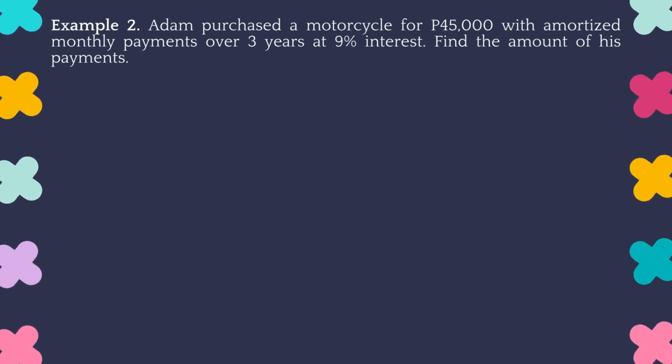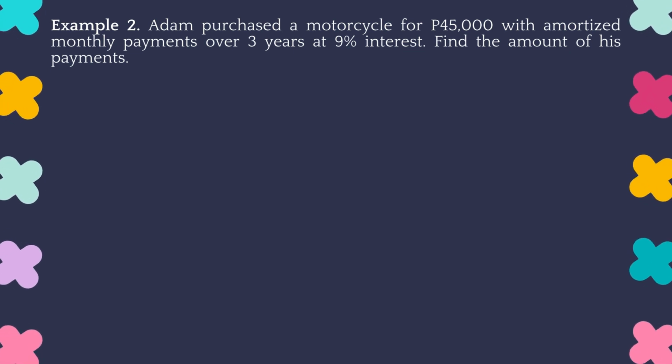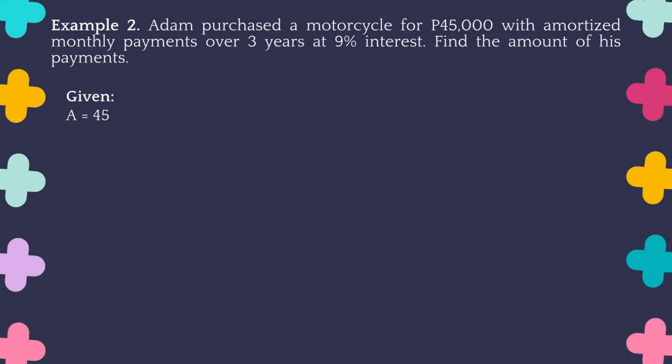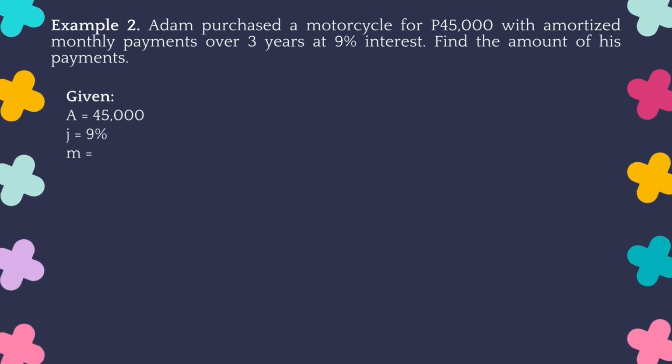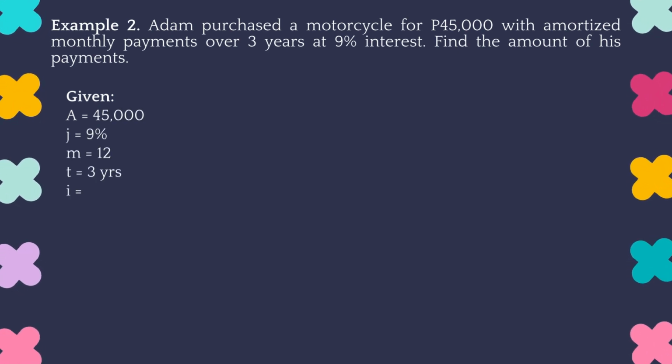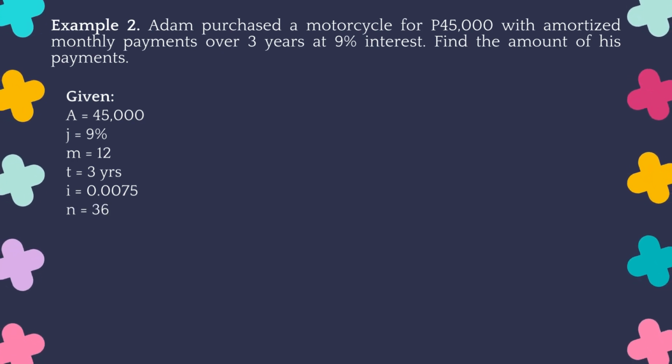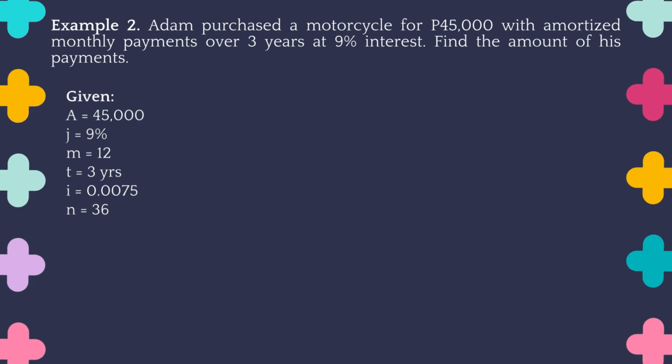So example number 2, Adam purchased a motorcycle for 45,000 pesos with amortized monthly payments over 3 years at 9% interest. Find the amount of his payments. So given A equals 45,000, J equals 9%, M equals 12 for compounded monthly, T equals 3 years, I equals 0.0075, and n equals 36.